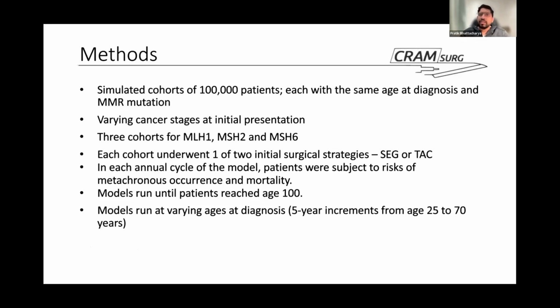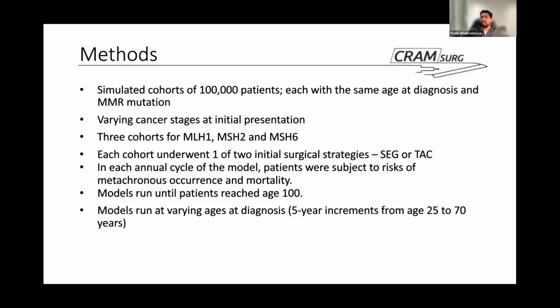So the authors simulated cohorts of 100,000 patients, each with the same age at diagnosis and MMR mutation. The varying cancer stages at initial presentation were according to what they found in literature, which we'll talk about in one of the next slides. So this led to 3 different cohorts for MLH1, MSH2, and MSH6. Now each cohort underwent one of 2 initial surgical strategies, either segmental colectomy or total abdominal colectomy.